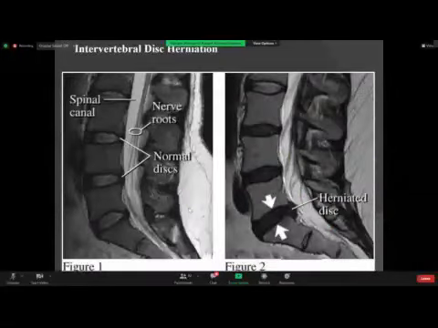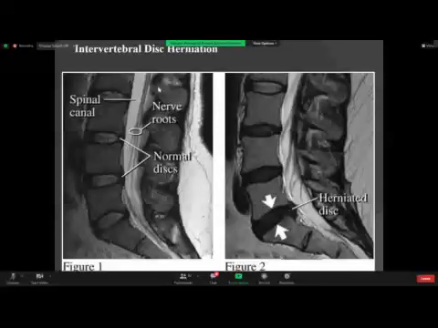Okay. Just a final thing about the spinal cord and the spinal canal. If you have the vertebral disc here, this over here is the normal one.